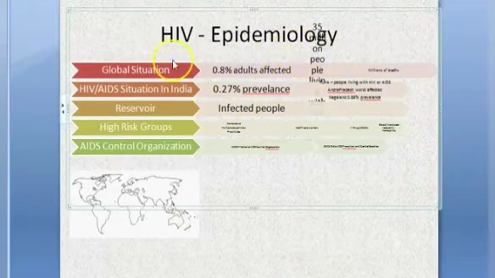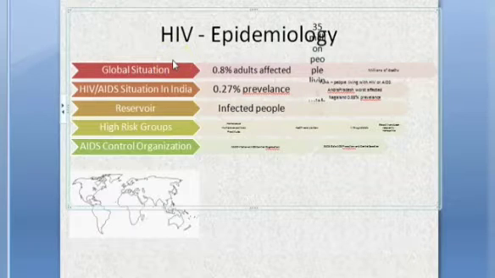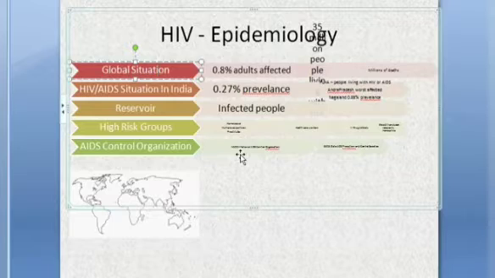The epidemiology of HIV we have seen. Basically, the global situation is that 0.8% of adults are affected. That is 35 million people living with HIV. And it causes a lot of deaths because, as of now, there is no cure for HIV.